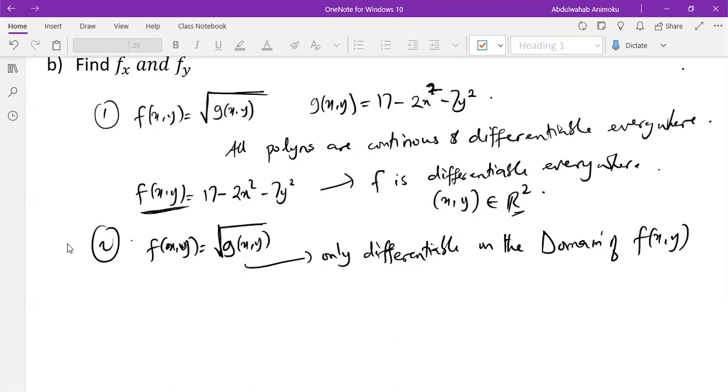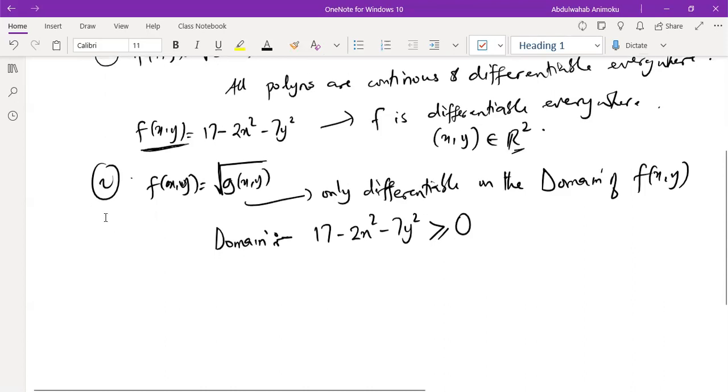Okay, so what is the domain of this function? Because we have a square root, the only time this f of xy will exist, which constitutes the domain, is when the inside of the square root, which is g of xy, is greater than or equal to 0.